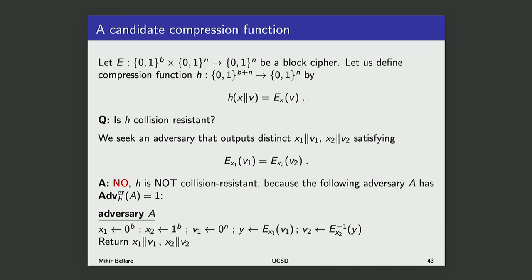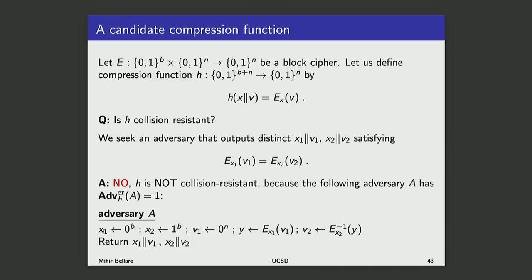So what I did here, for example, is I fixed the message block or key inputs to some constants, and I even fixed this value to some constant and just tried to solve for V2. And how do you do that? Well, since E is a block cipher, if you know X2, you can run E_X2 inverse on this and recover V2. And so that's what's done over here.